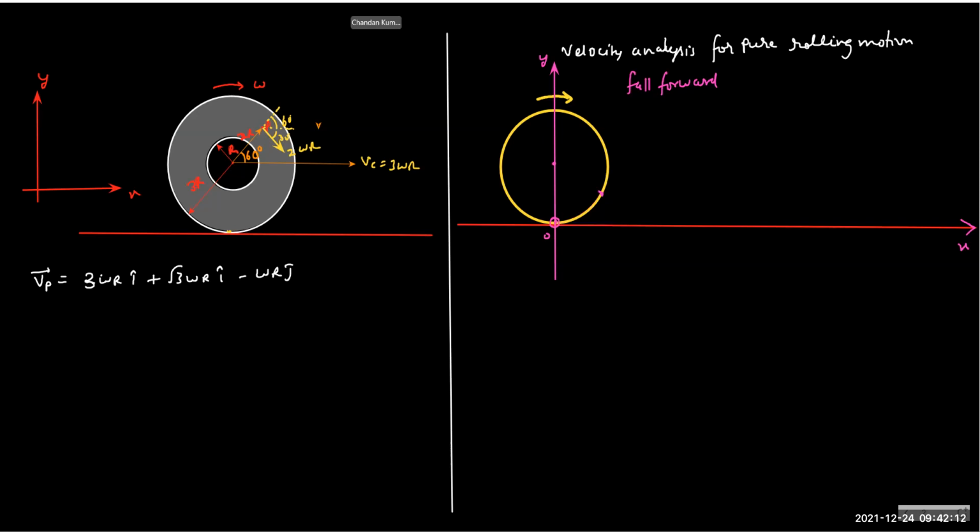If this ring slides forward, you move the ring slightly ahead. I'm just moving it slightly more so that I can represent some.